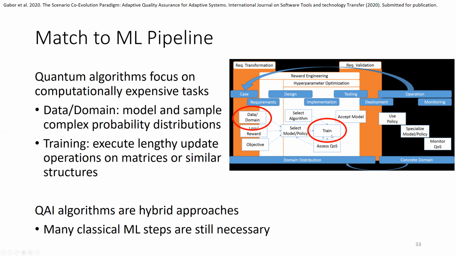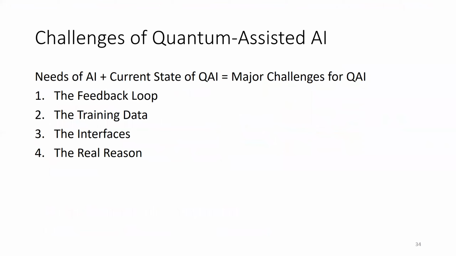And on the training part, you have to execute lengthy update operations on matrices, etc. So we have some algorithms that help at the red circles, but there are a lot of other parts in the machine learning pipeline that are not covered by quantum algorithms. So currently we think that many classical machine learning steps are necessary. This is still hybrid.